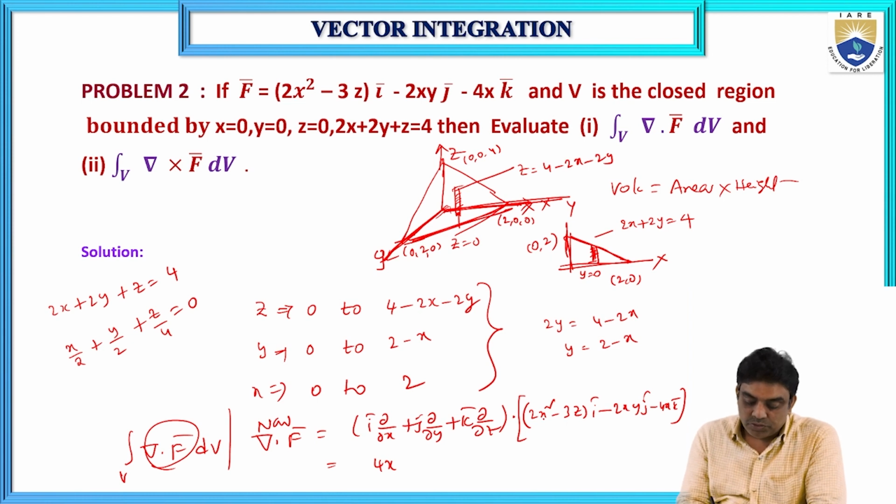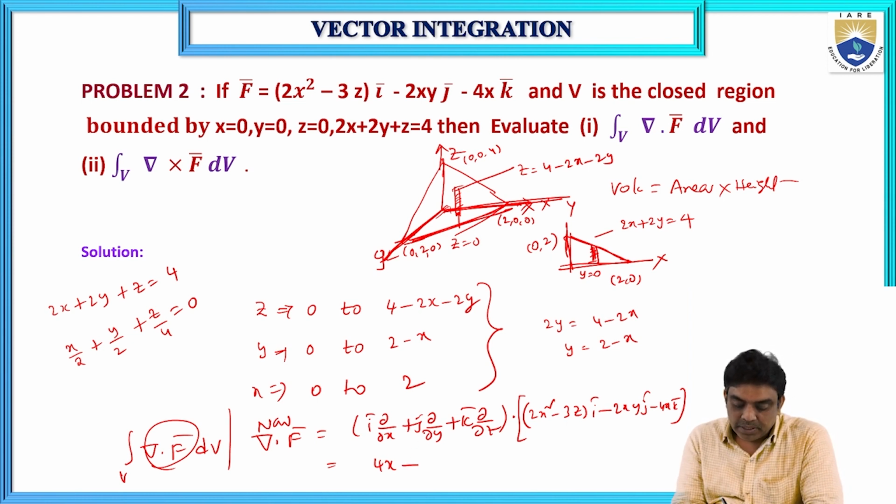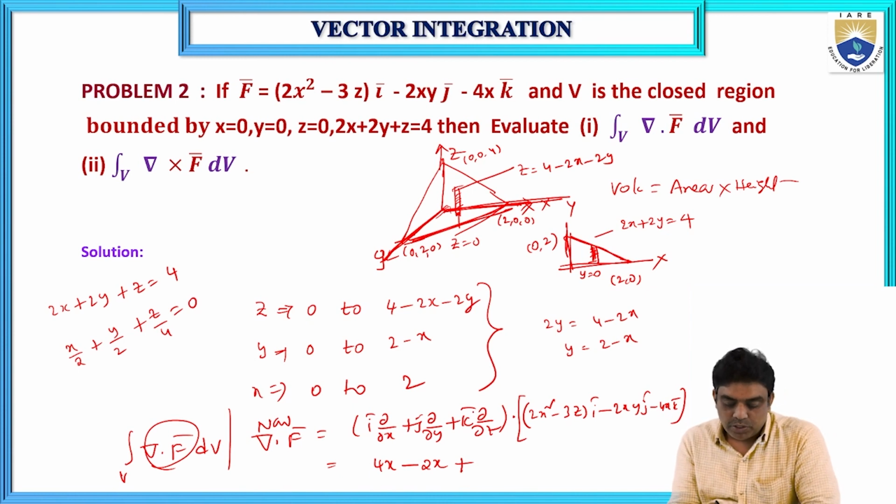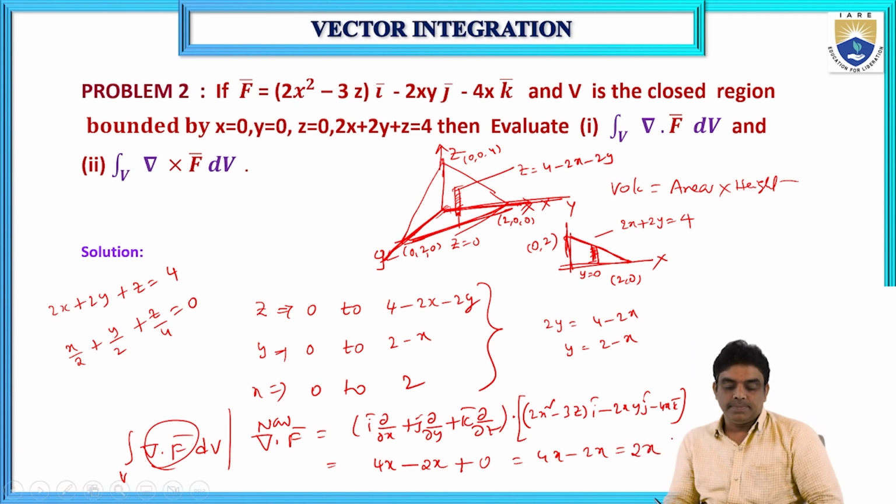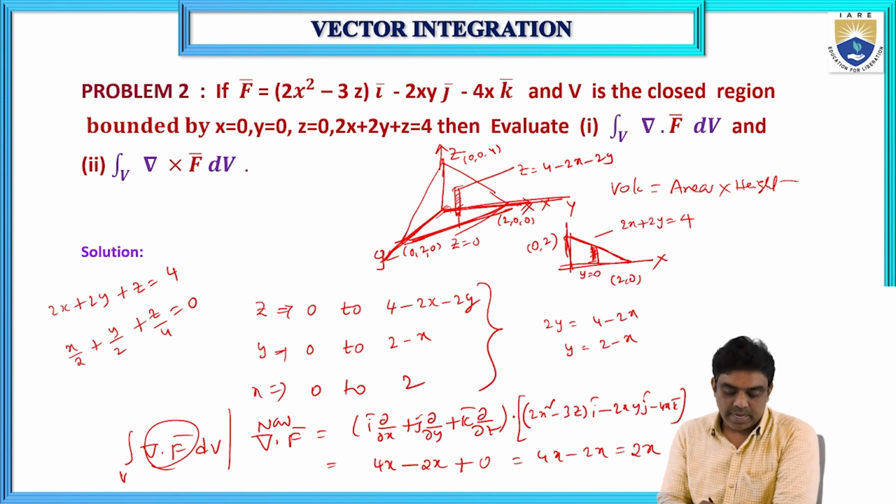Only dou by dou x of this one, 4x, plus j bar dot j bar is 1, dou by dou y of this one, that is minus 2x only, plus k bar dot k bar is 1, dou by dou z of minus 4x, this is 0. That means 4x minus 2x, that is equal to 2x only.